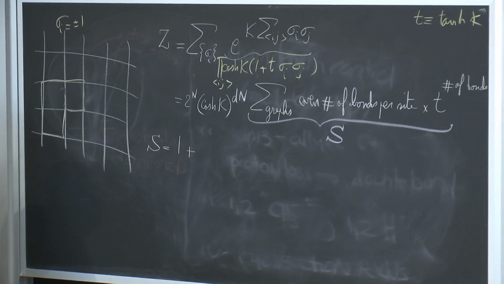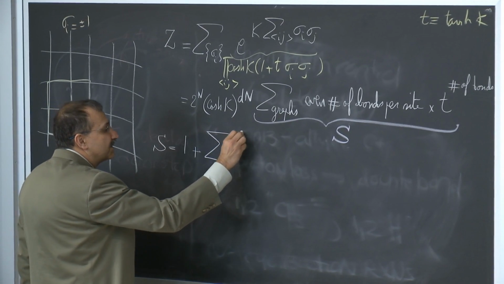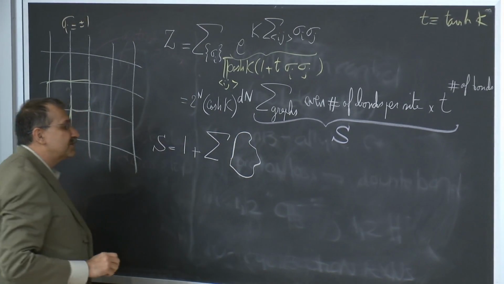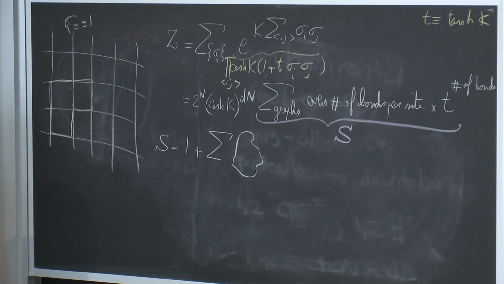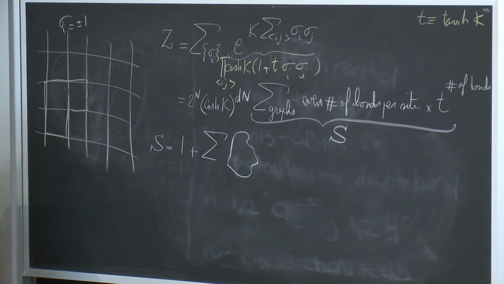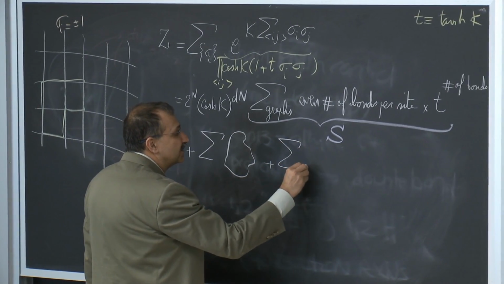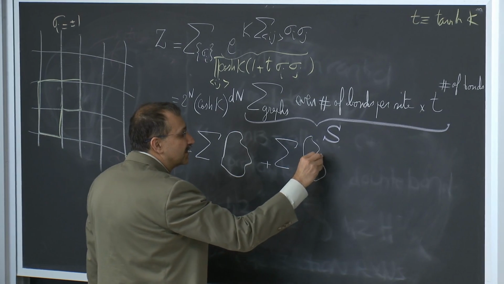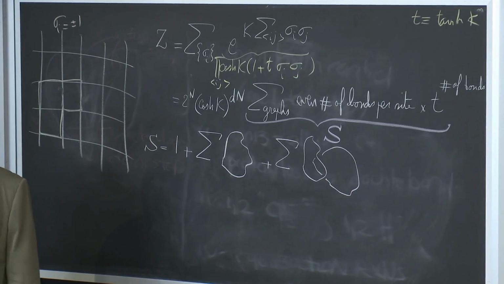And I can write all of those as a sum over graphs that I can draw on the lattice by going around and making a loop. But then I will have graphs that will be composed of 2 loops, for example, that are disconnected.